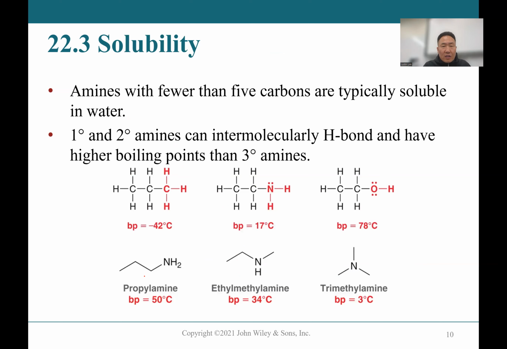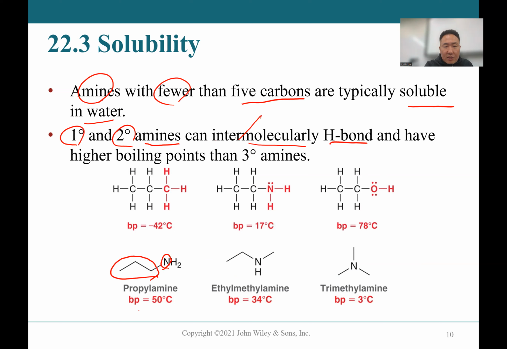Let's check solubility. Amines with fewer than 5 carbons are typically soluble in water. Primary and secondary amines can form intermolecular hydrogen bonds. On nitrogen, one alkyl chain is a primary amine, two alkyl chains a secondary amine, and three alkyl chains on the nitrogen a tertiary amine.